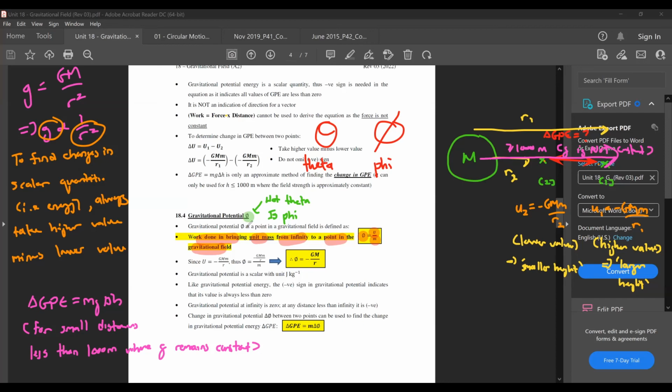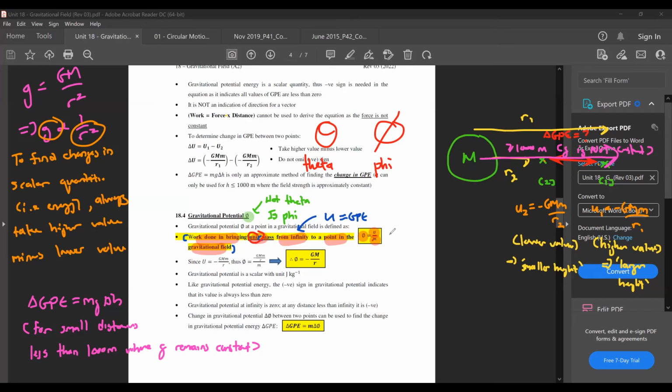Because if you look at these two statements, work done in bringing mass from infinity to a point in the gravitational field was already the definition of U, or rather GPE. If you add per unit mass, it means U divided by M. That's why it's GPE, but in terms of per unit mass.